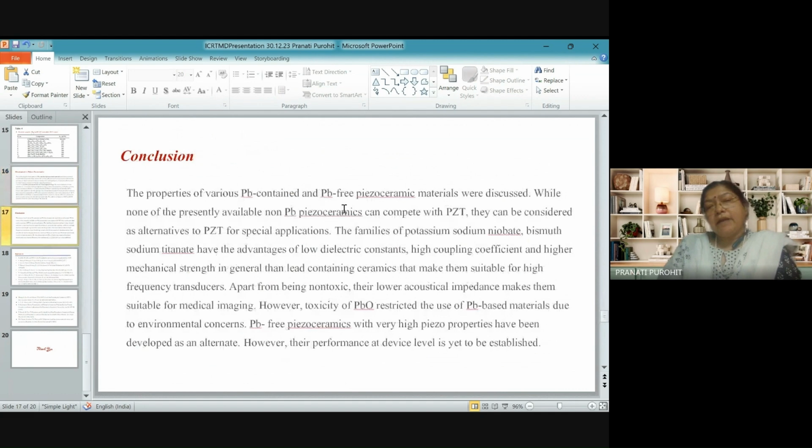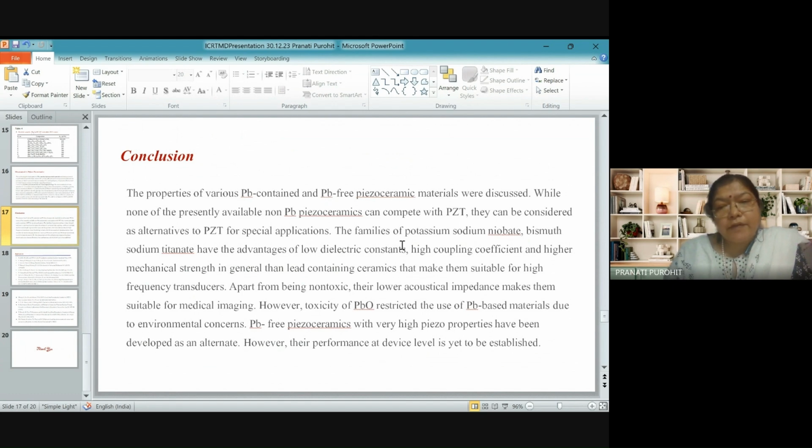In conclusion, I can say that we have discussed the properties of various lead-containing and lead-free piezoceramic materials in this paper. Lead-free systems cannot yet compete with the lead-based system, that is PZT, which is commercially available.